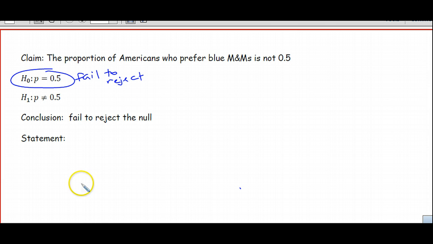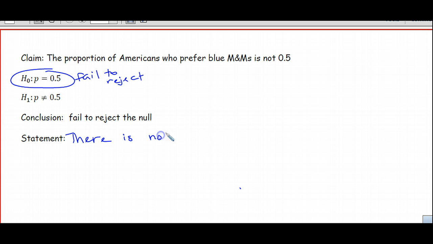But remember, we never talk about the null. I always have to talk about the alternative. So if I fail to reject, I don't say that it is 0.5. I say there's not enough evidence to say that it's not 0.5. So we're going to say there is not enough evidence.